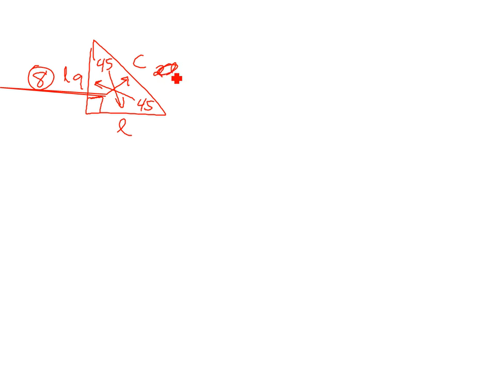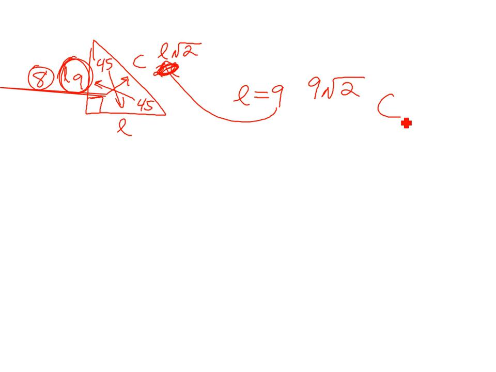Or I'm sorry, that's wrong. It's L times the square root of 2. So we know L equals 9 from that side right there that they told us. All we got to do is take that 9 and stick it back in there. So C there is 9 times the square root of 2, which on your paper is letter C.